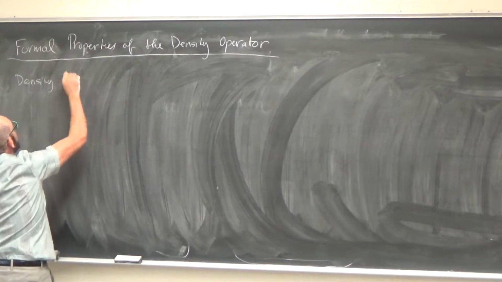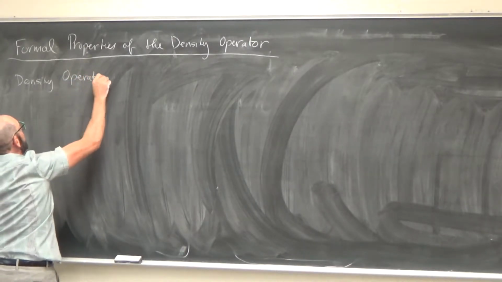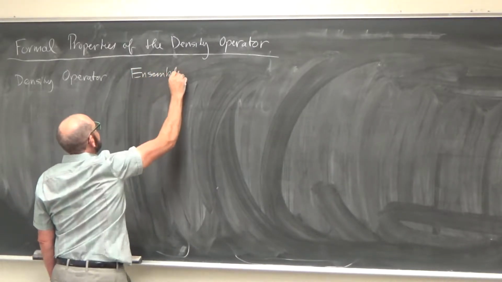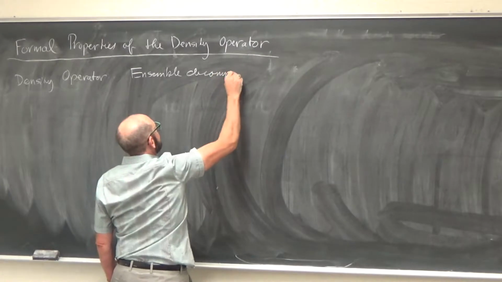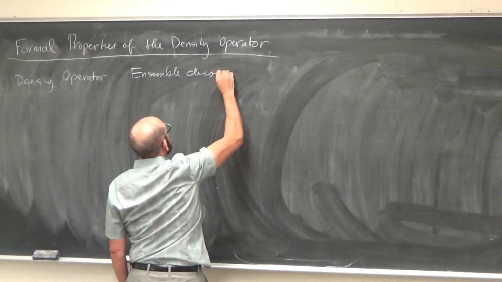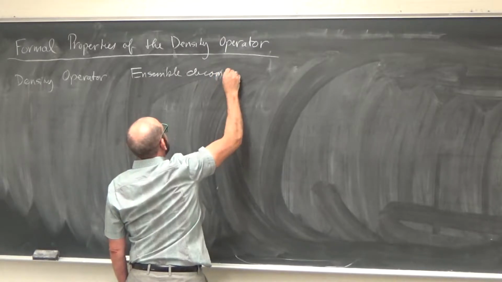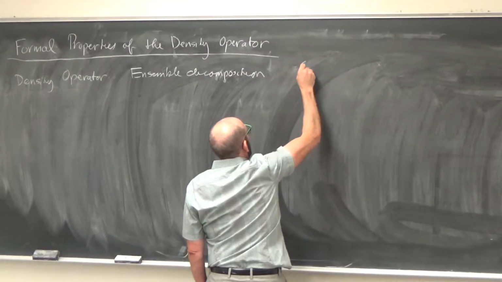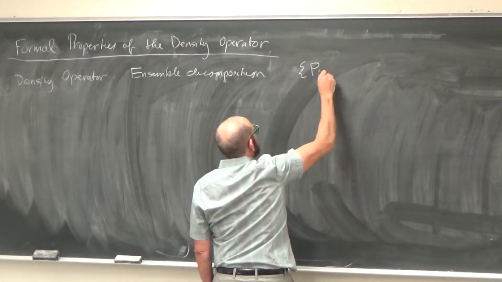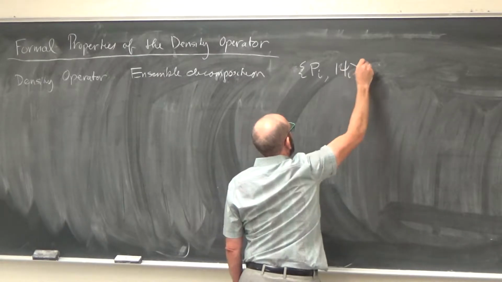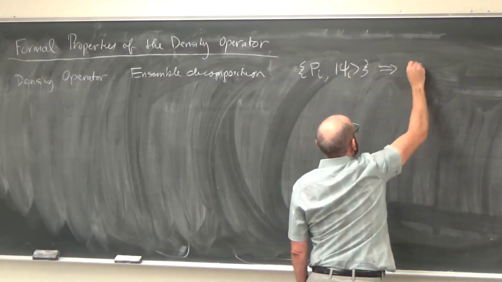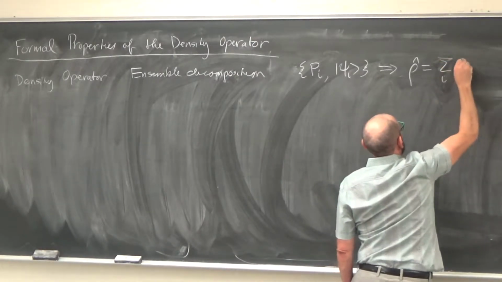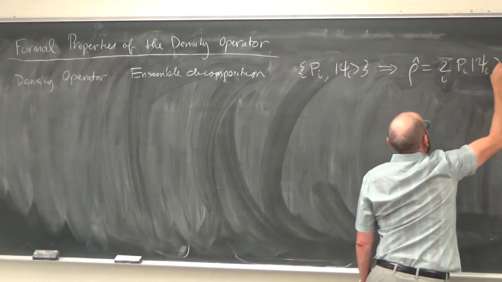One way to think about it, as we just described, and we'll come back to this, is what's known as the ensemble decomposition. Which is to say, I have some states that are prepared with some probability, which means that the density operator in this case is a statistical mixture of those states.